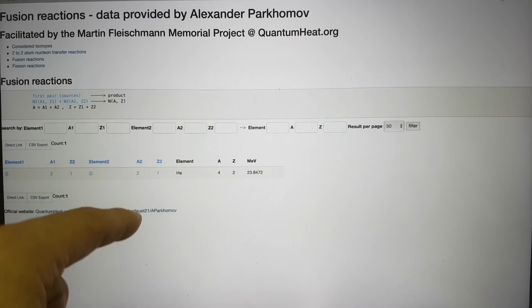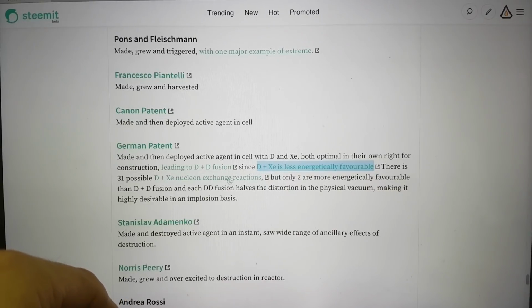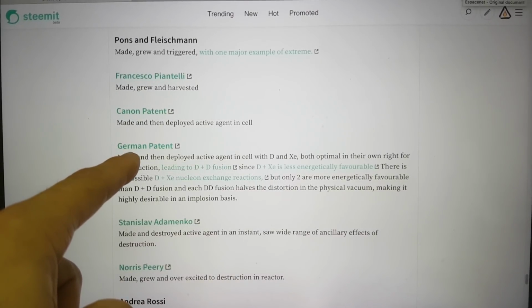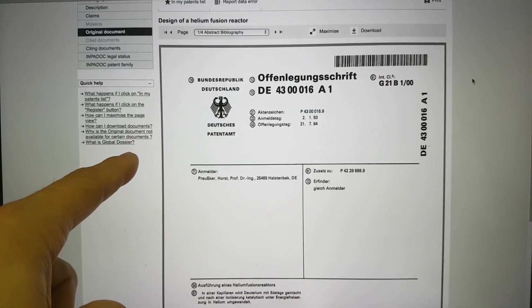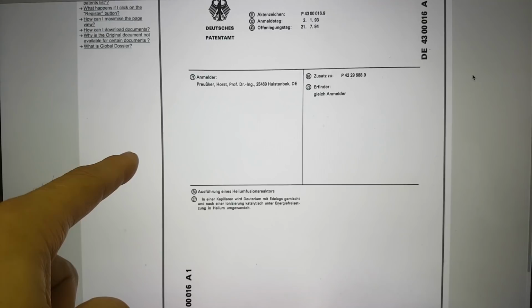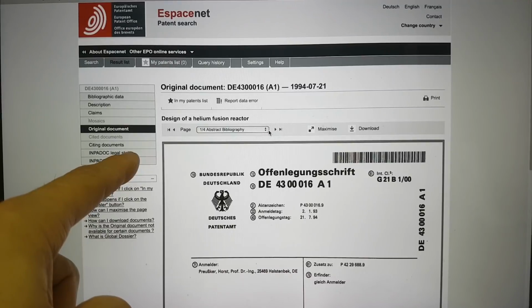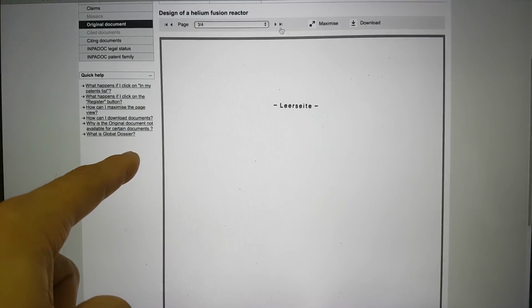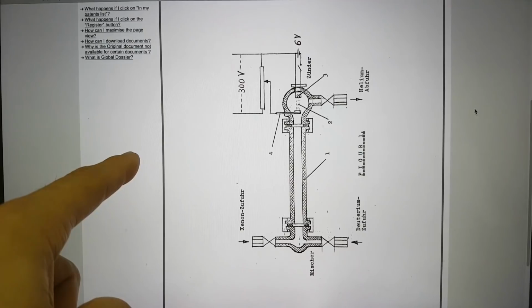It's actually a beautifully elegant experiment, and I have to show you this because it's possibly one of the most beautiful cold fusion patents there are, and what's even better about it is it's essentially available for you to all enjoy because of its age.